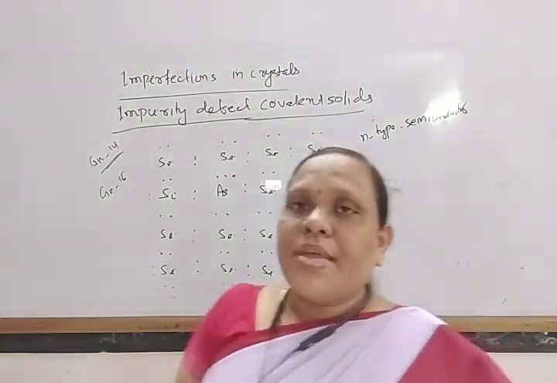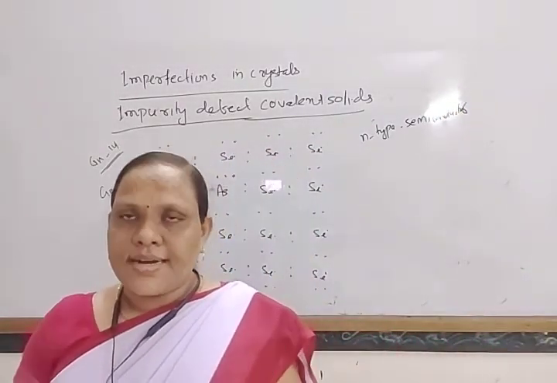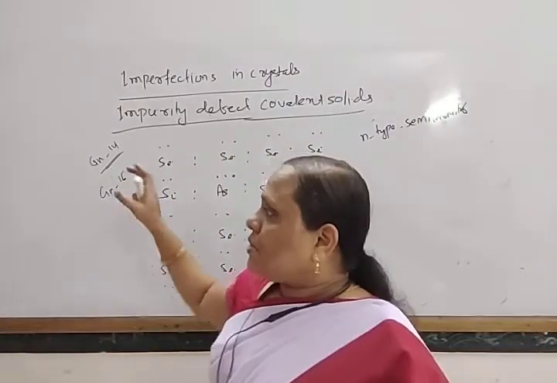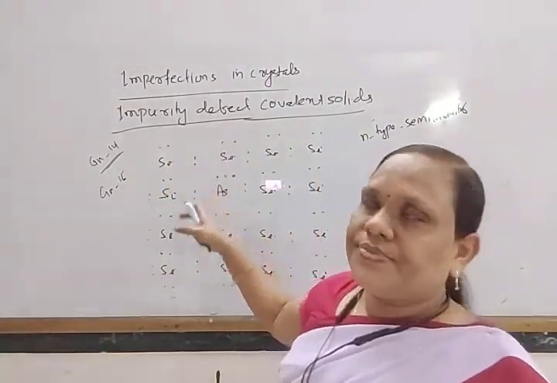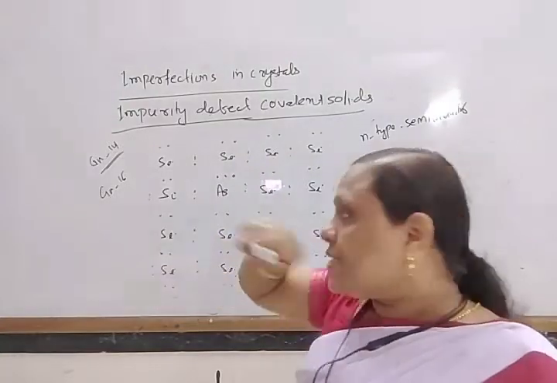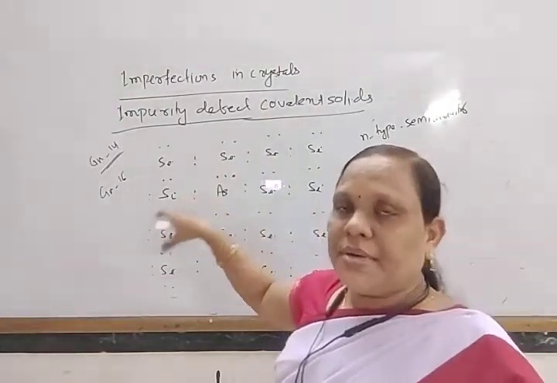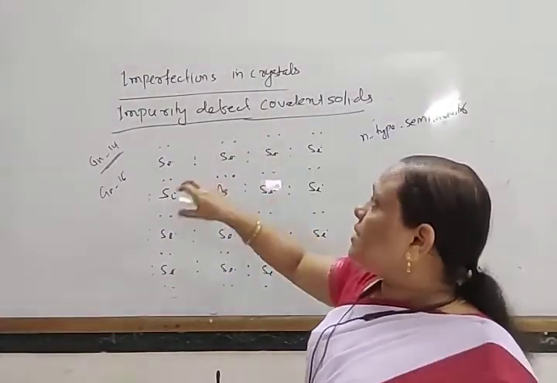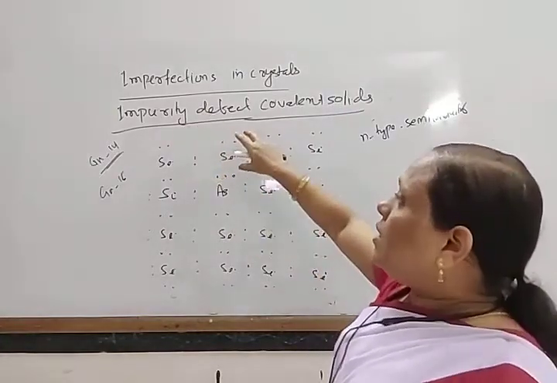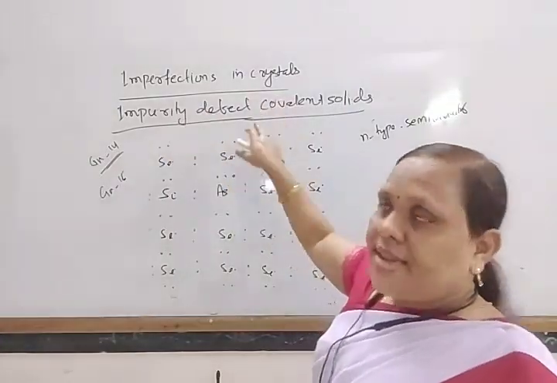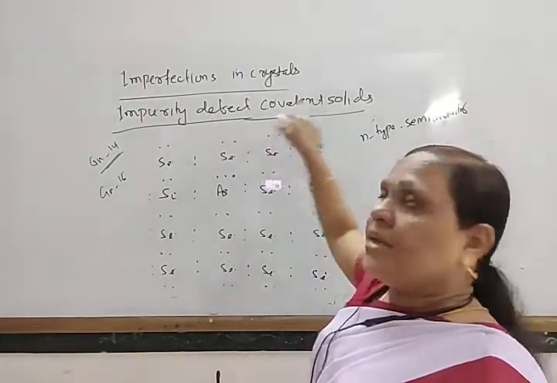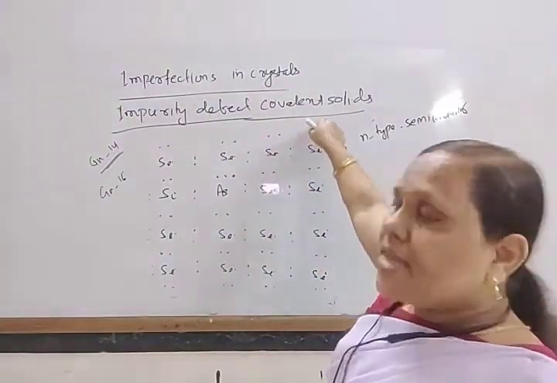If some foreign substance is added at the lattice point of another element or metal, then that type of impurity is called an impurity defect. And impurity defect is very common in the case of covalent solids.